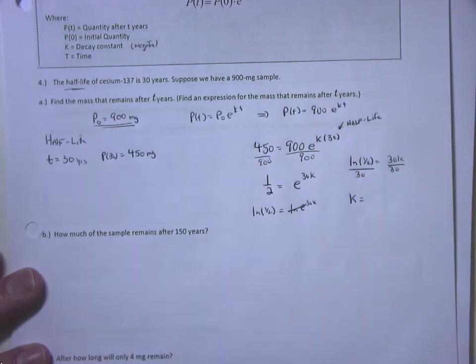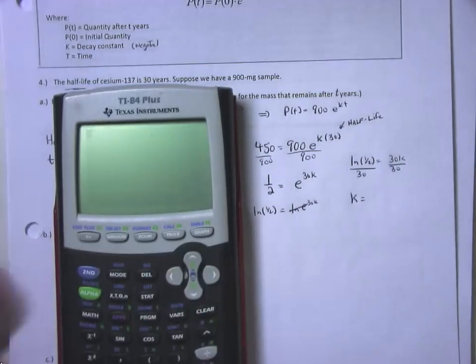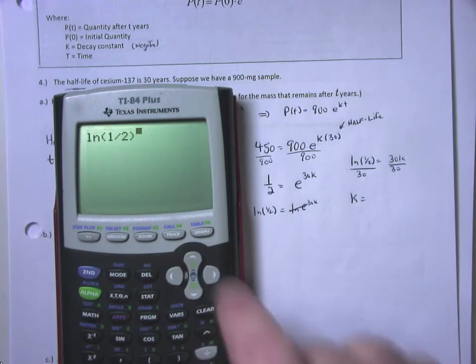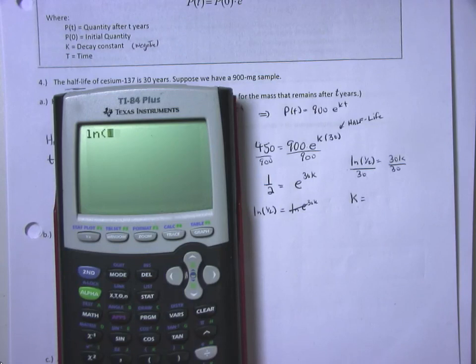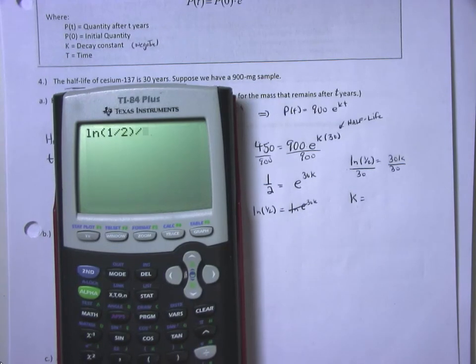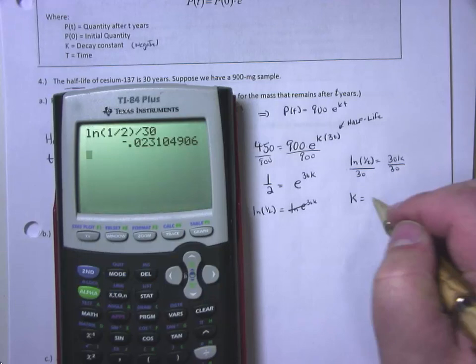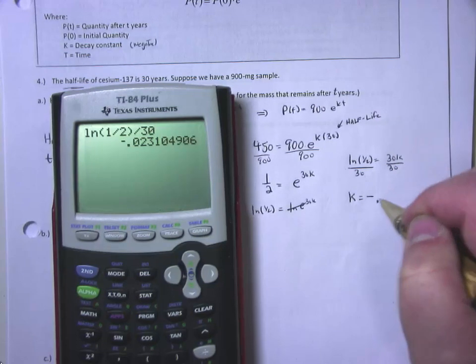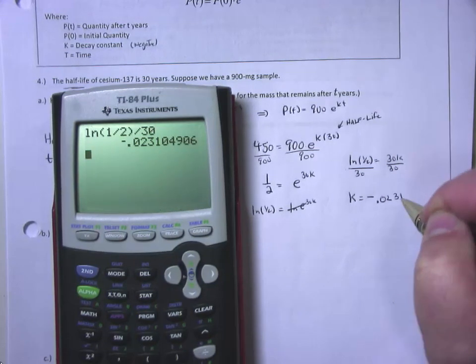And I'm going to stick this on the calculator. So I've got the natural log of 1/2 divided by 30. What I want you to focus on is the sign of the k number you got. It's negative, as you would have expected.